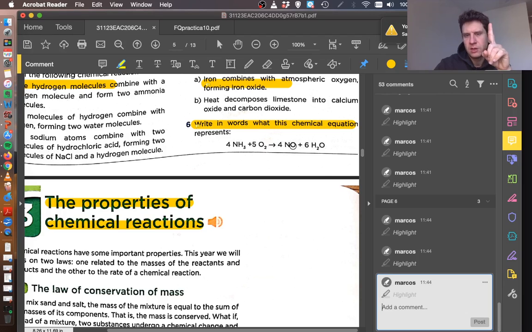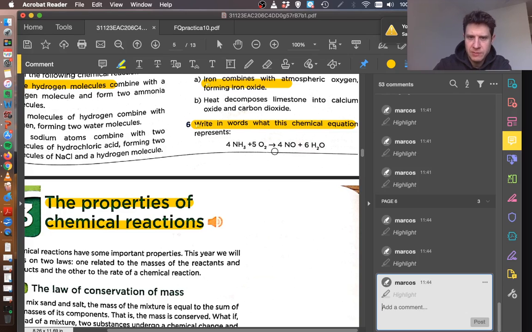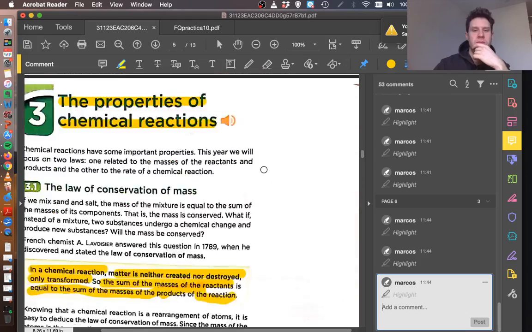We will obtain 1 nitrogen oxide, because we have divided all the components of the reaction by 4. So this will be 6 over 4. What I mean is that the proportions are always the same. That's the formula.